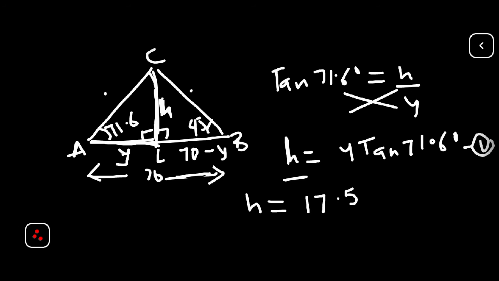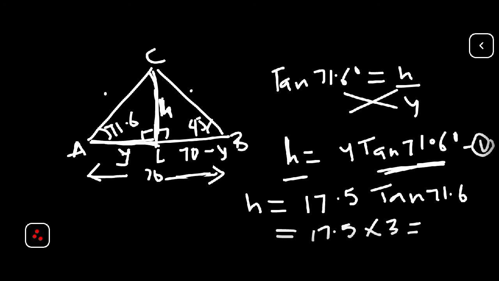Then we already know that tan 71.6, we already know that this is going to be 17.5. Since we know that tan 71.6 is 3, we're going to times it by 3 so that we have the answer to be what? 52.50 meters. And that is our answer.